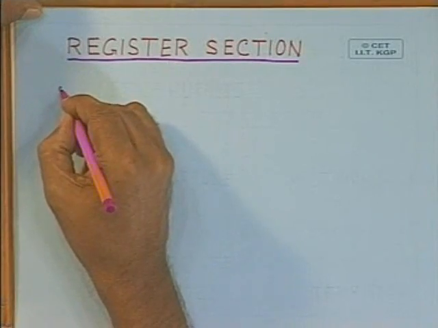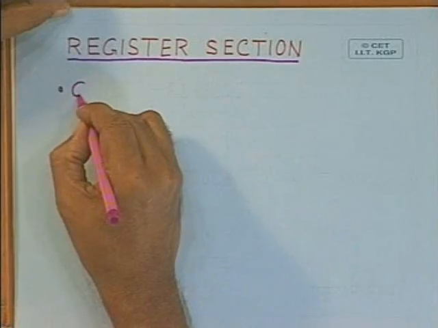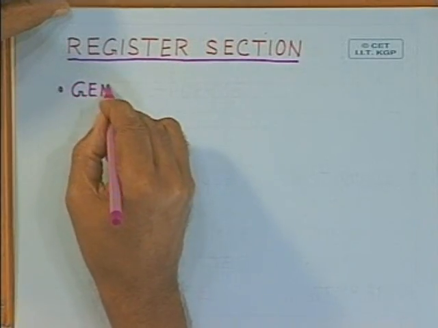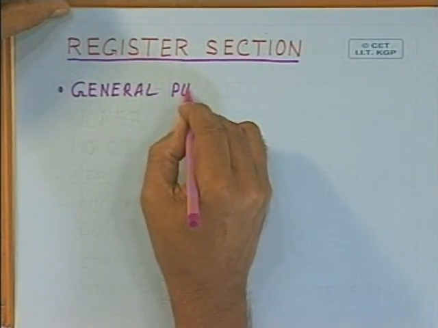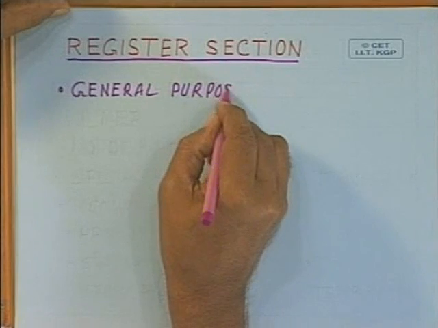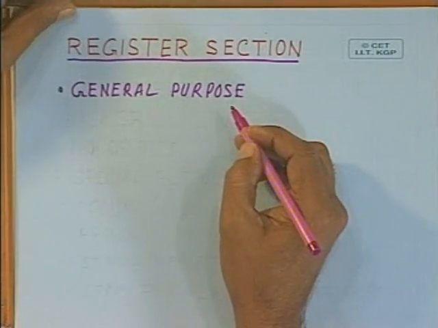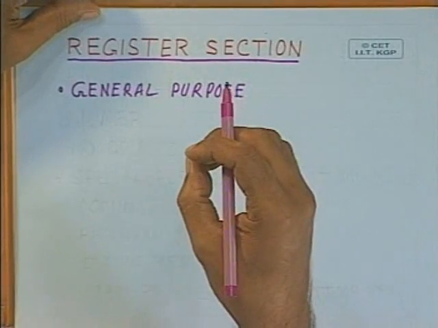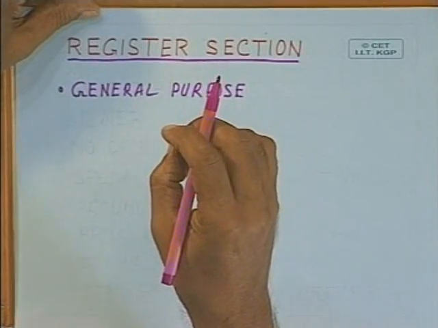The registers may be broadly classified into two types. One is general purpose, and by general purpose we mean that these registers have not been explicitly used to store a particular type of information.